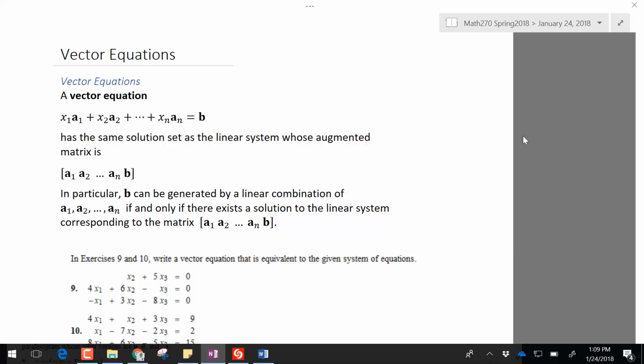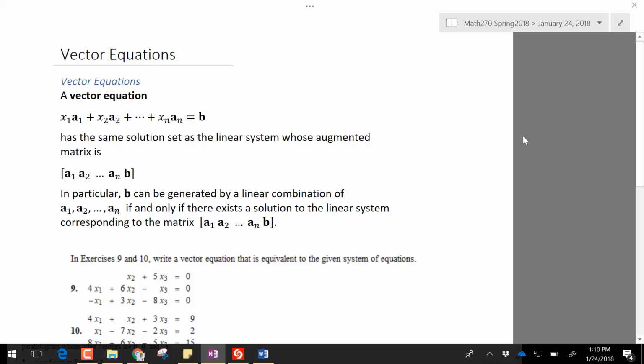So here's another definition. We have vector equations. I don't know if that's a definition in the book, but we can think about a vector equation as a linear combination of something equal to a specific vector. On the left-hand side, we see a linear combination.